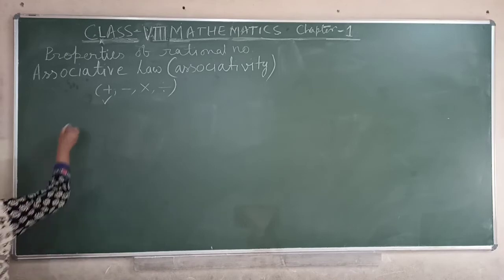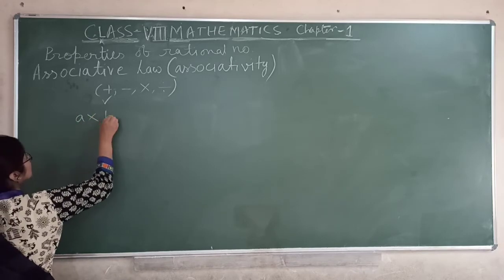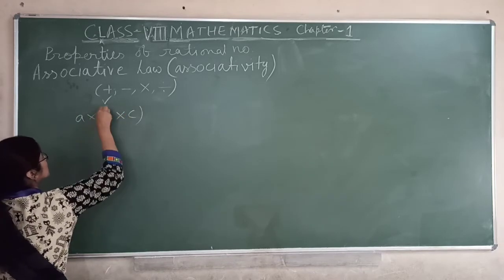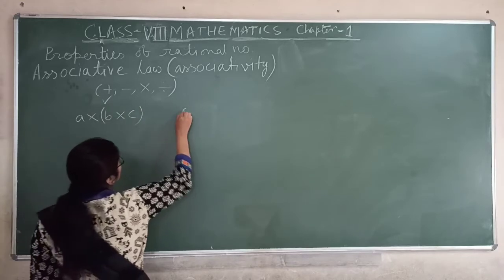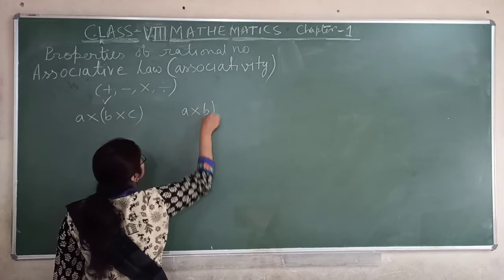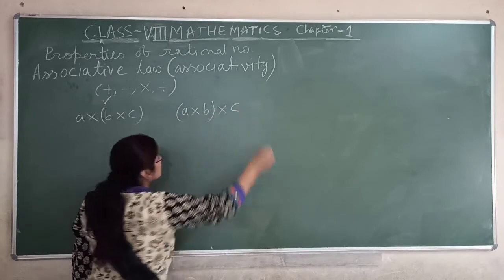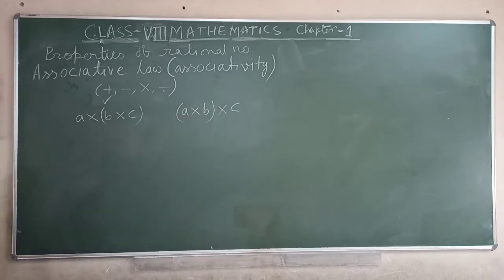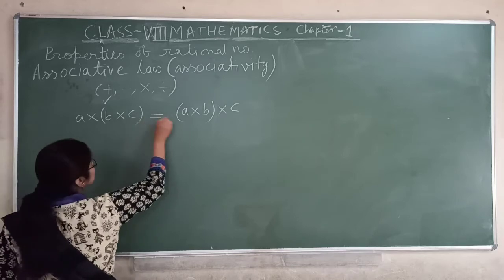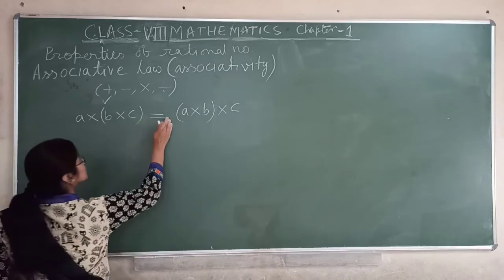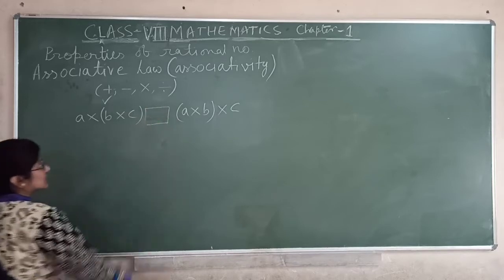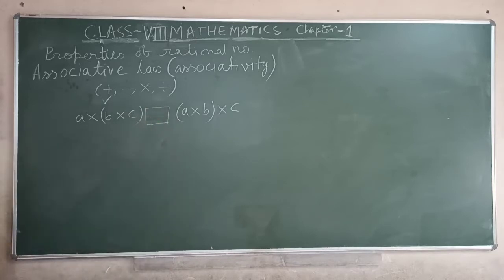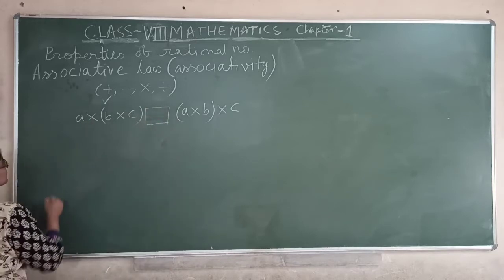A into B into C equals, it should be like that, A into B within bracket into C. If applicable, we will make the equal sign here. If not applicable, we will make the not equal sign here. I am leaving this place. So let's check for this one.